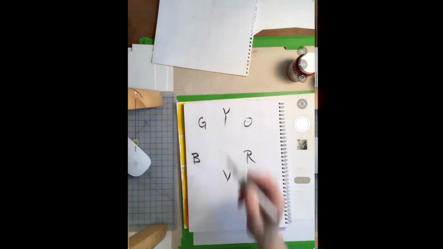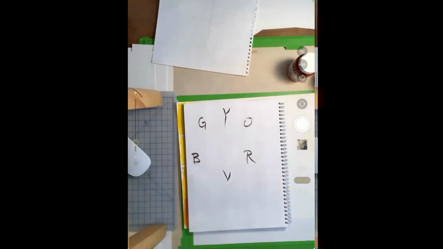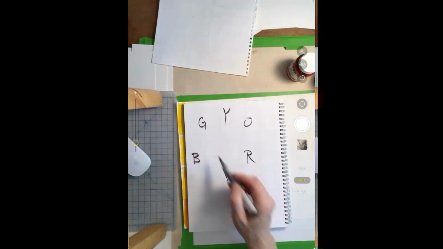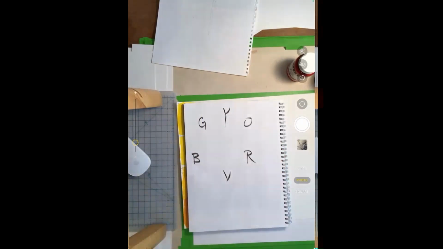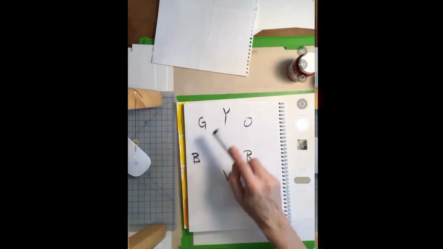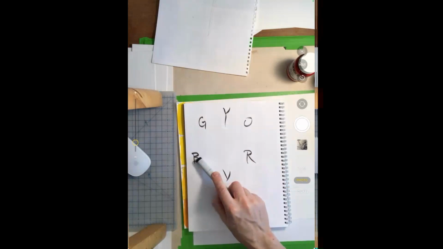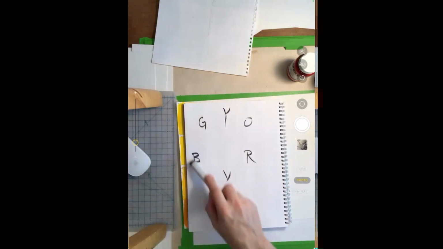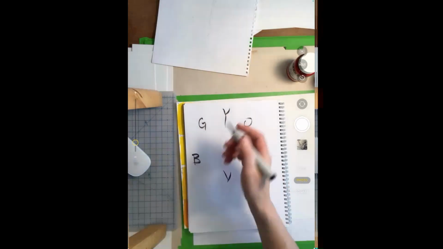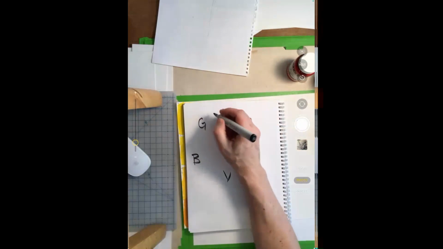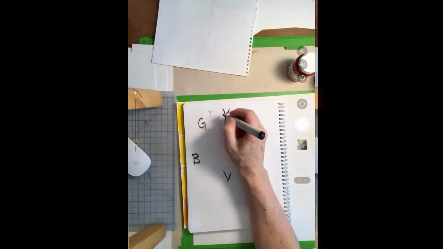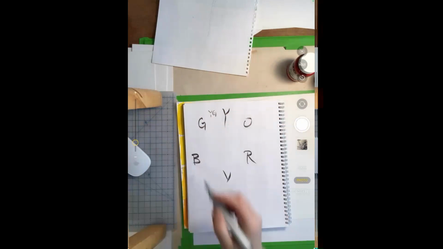Red, yellow, and blue are the three primary hues. Green, orange, and violet are the secondary hues. You create the secondaries by mixing two primaries. That's how that works. The tertiary hues are in between these adjacent primary and secondary hues.